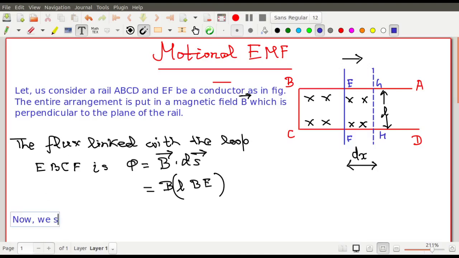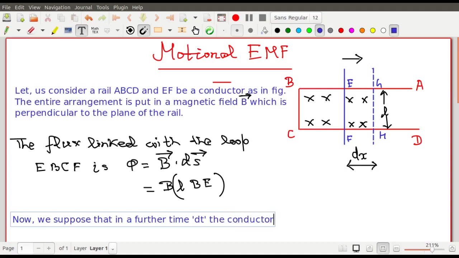Now we suppose that in a further time dt, okay, the conductor has moved to the position GH.